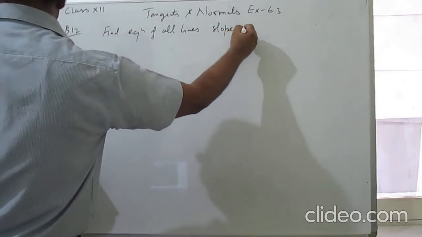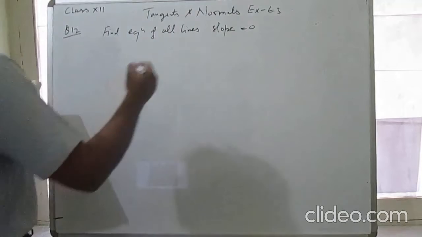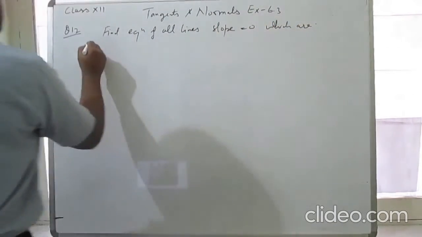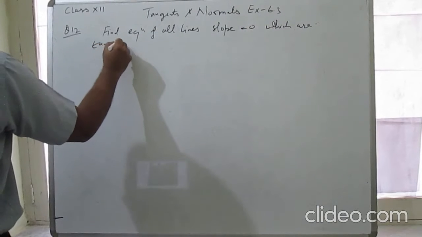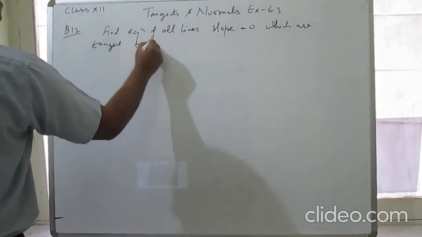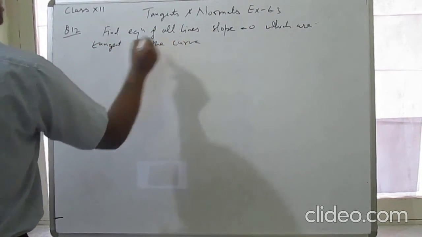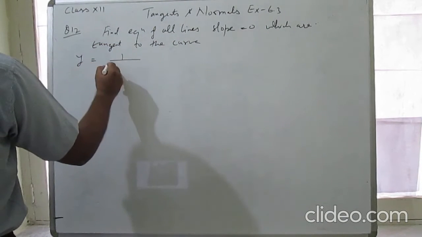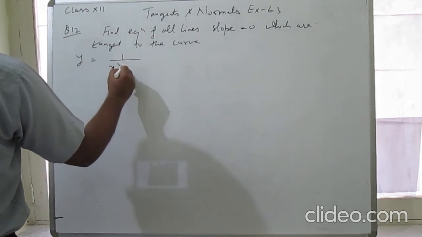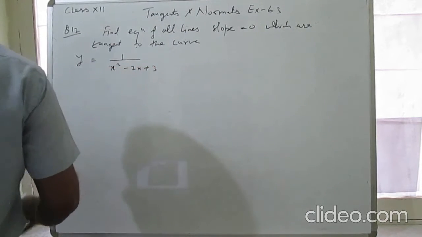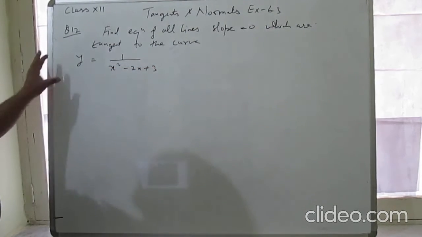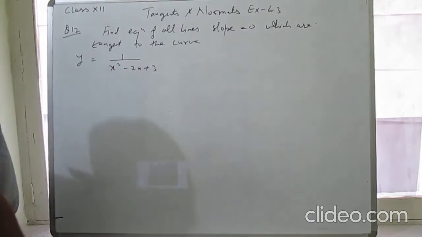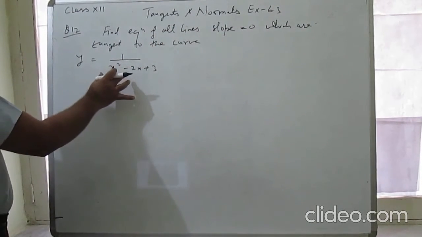Slope is equal to 0 which are tangent to the curve. The curve दिया हुआ है y is equal to 1 upon x square minus 2x plus 3. So we have to find the equation of all lines having slope 0 which are tangent to the curve.